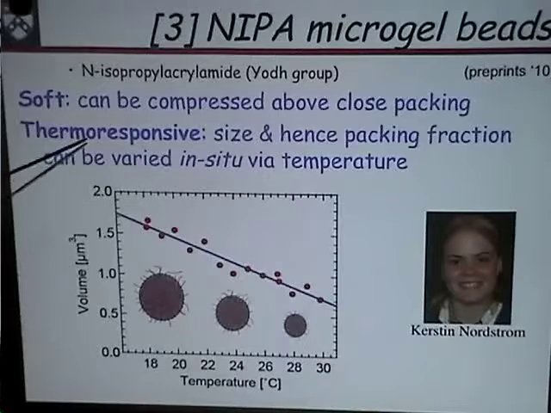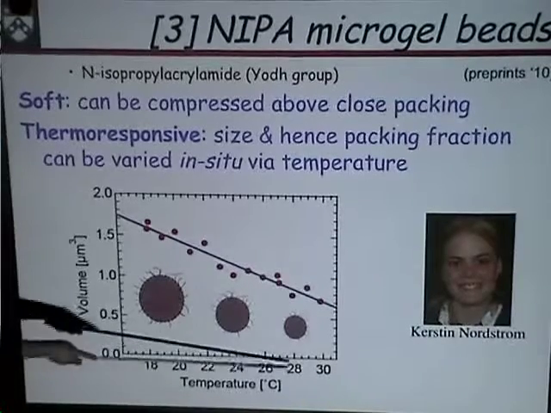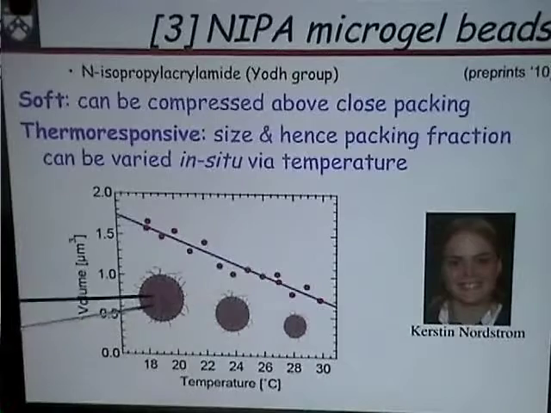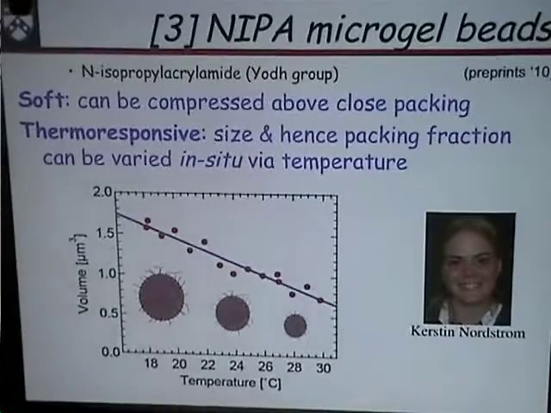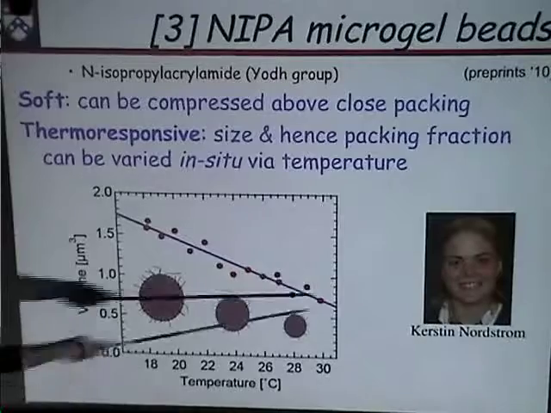The way we do that is in situ with one sample. We pick a number density that's pretty high, and then we just change the temperature. As the temperature goes up, they shrink. As the temperature goes down, they swell. So we could prepare the sample, lower the temperature, and make a jam. We do everything with just one sample controlling the temperature. By we, I really mean Kirsten.